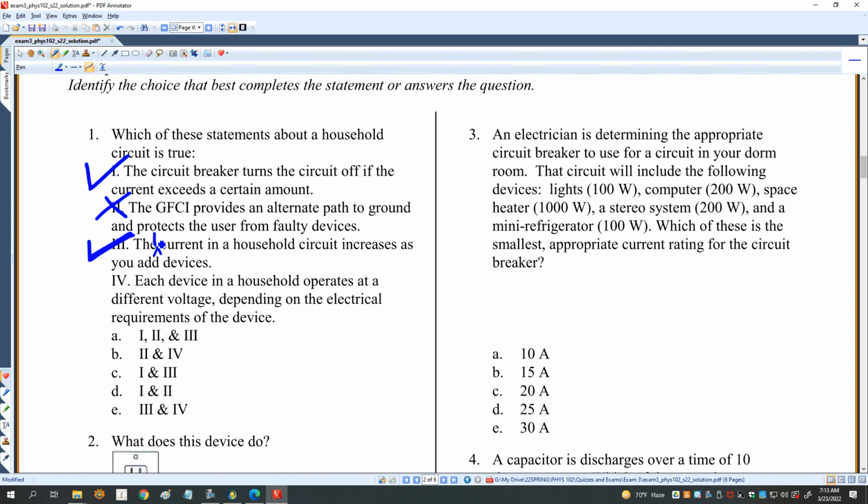I might change this to be the total current in a household circuit. Each device in a household operates at a different voltage depending on the electrical requirements of the device. Not correct. So 1 and 3 are correct.